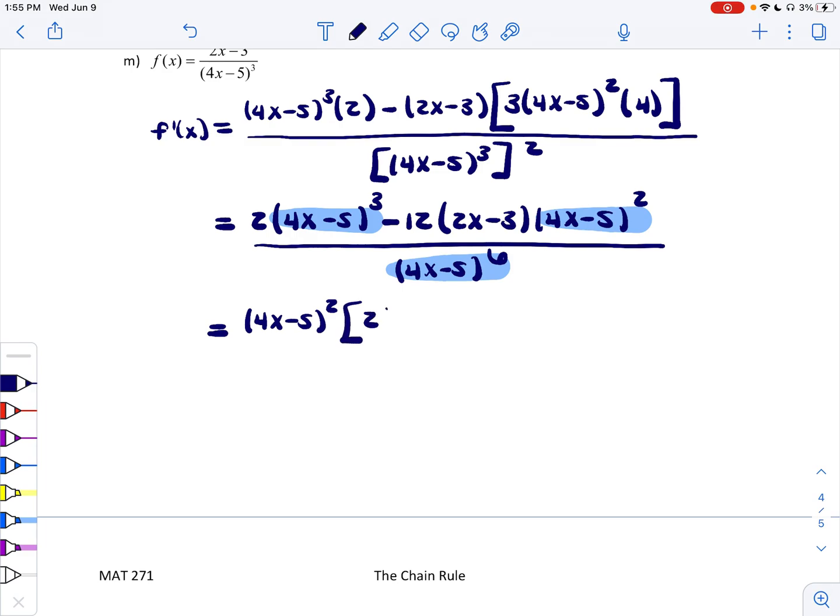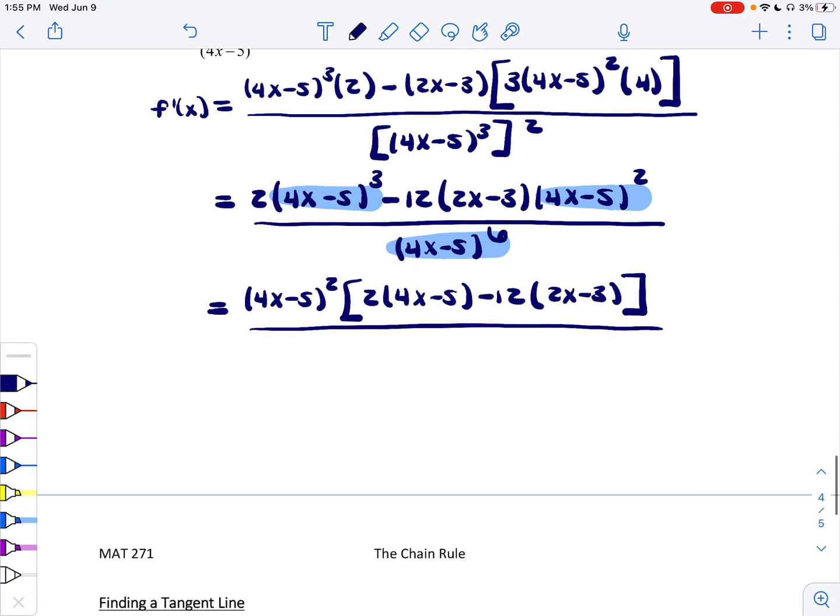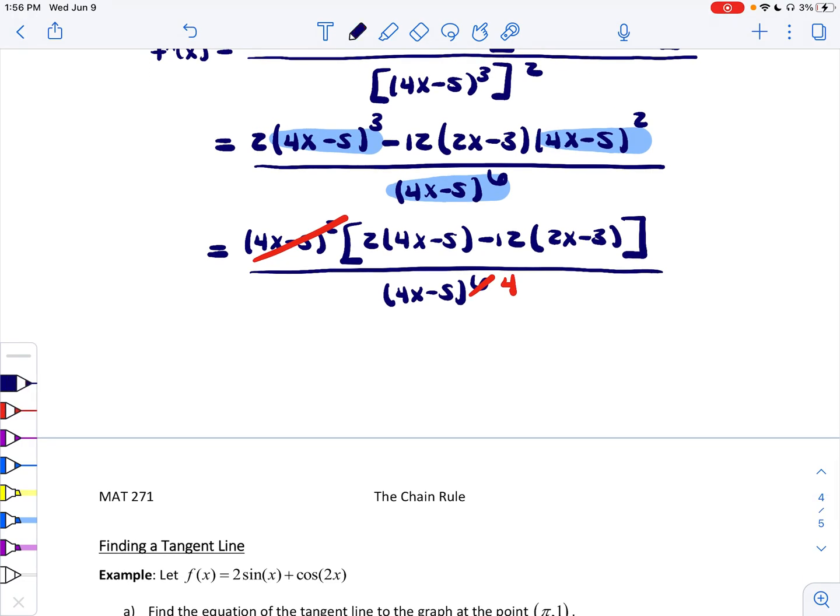And that would leave me 2 times 4x minus 5 minus 12 times 2x minus 3 in the numerator. Okay, and then that denominator was still 4x minus 5 to the power of 6. Okay. All right, so now that we have this common factor in the numerator and the denominator, we can go ahead and cancel that out. So the 4x minus 5 quantity squared in the numerator is gone, and our denominator would now have a power of 4.